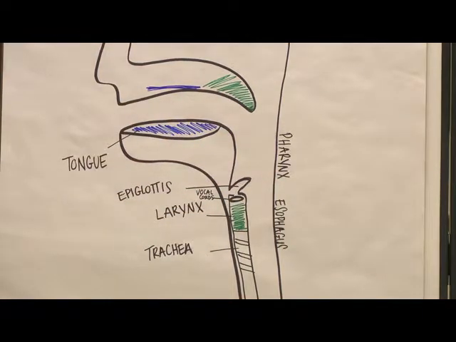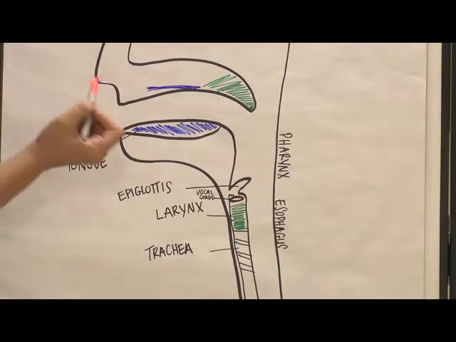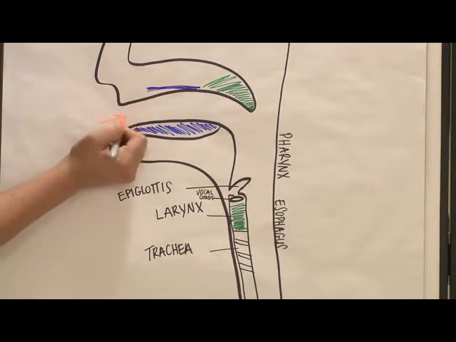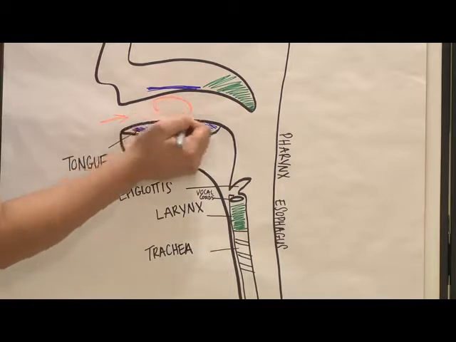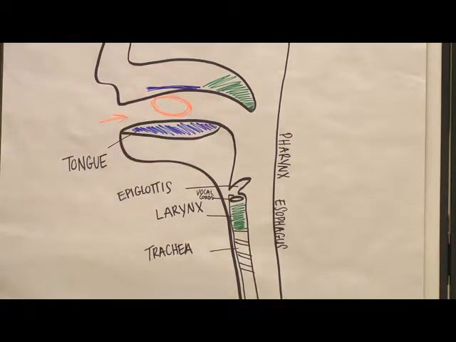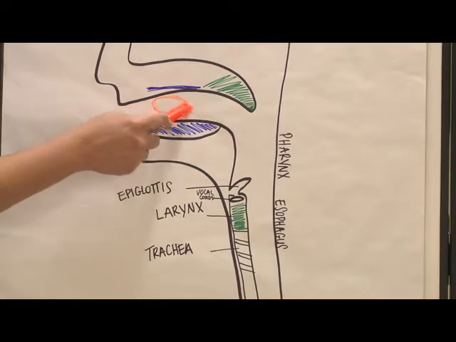So let's think about the first stage, the oral stage. Food goes into your mouth, and that starts the process of chewing. The sides of your mouth and your tongue are involved in controlling the food in order to chew. Saliva also mixes with the food so it can be moistened and more easily swallowed. They all work together to form a bolus, or a ball of food.